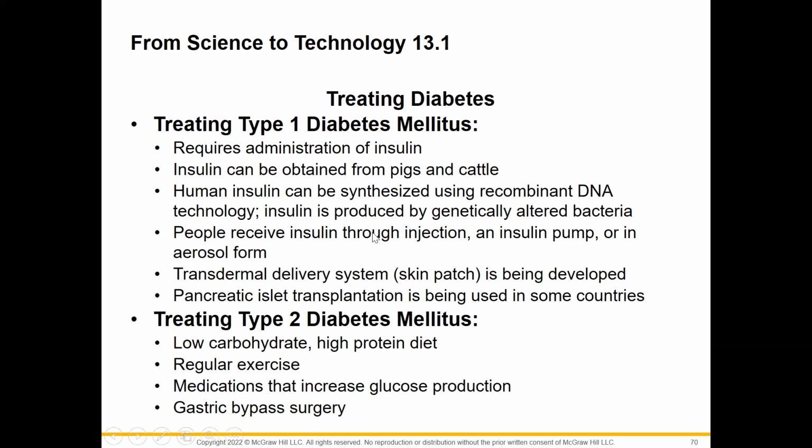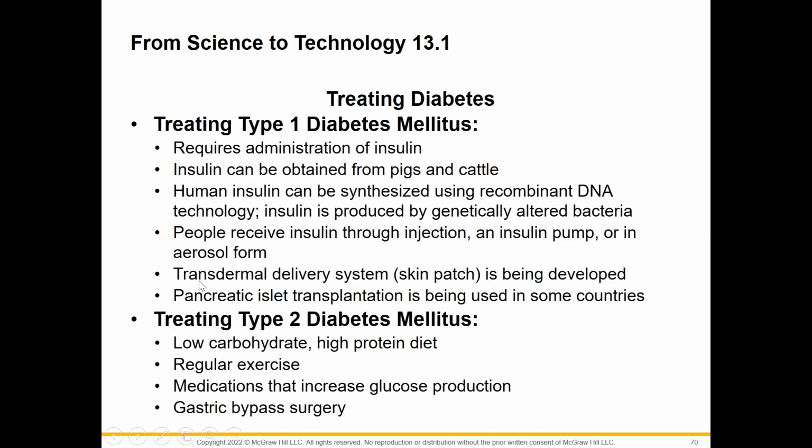So people receive insulin through injections, through an insulin pump, or in an aerosol form. So they can then take that insulin and put it like in a nose spray. So if somebody passes out because they have too little insulin, their cells are not being fed, et cetera, they can give that person insulin through an aerosol.